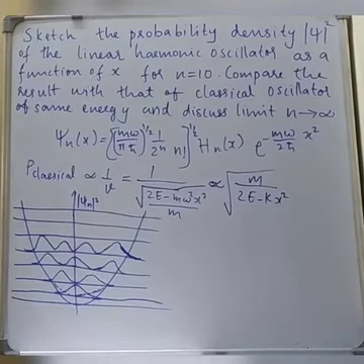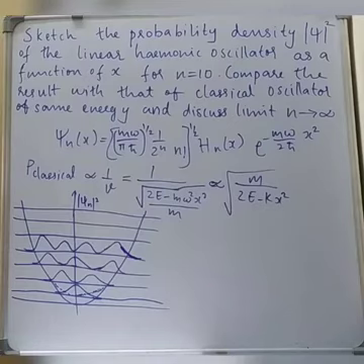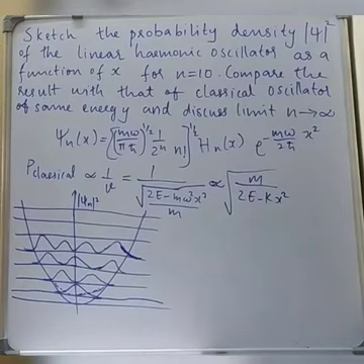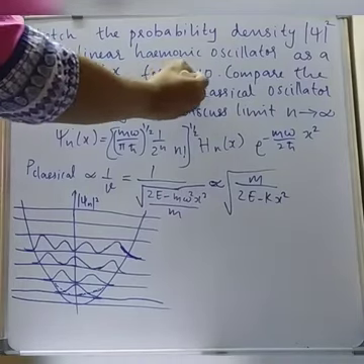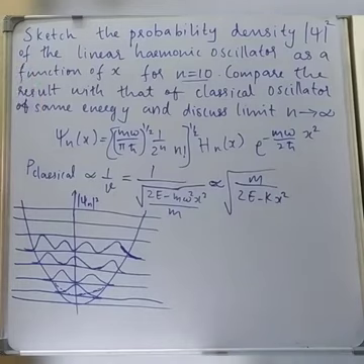Now the last problem is to sketch the probability density mod psi square of the linear harmonic oscillator as a function of x for n equal to 10. This is a comparatively higher quantum number. Compare the result with that of a classical oscillator of the same energy and discuss the limit n tends to infinity.